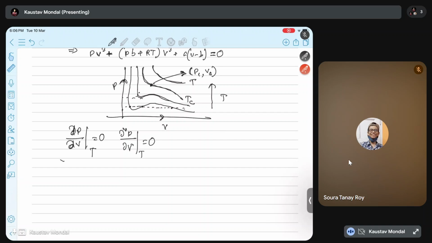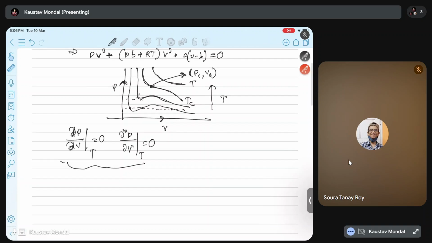For the van der Waals gas, we have done it actually, and we got the critical points as constants which depend upon a and b. So Vc was equal to 3b, Pc equal to a by 27 b square, and Tc equal to 8a by 27 Rb.